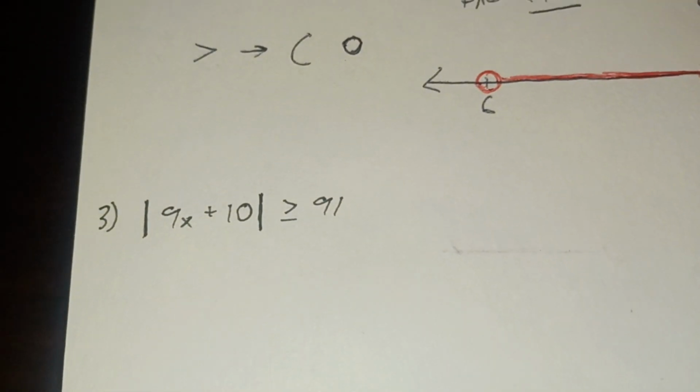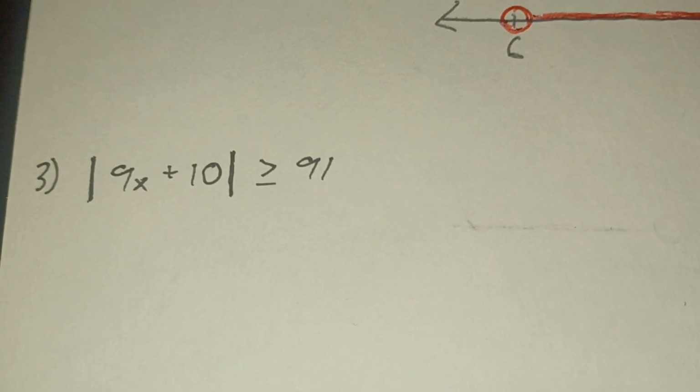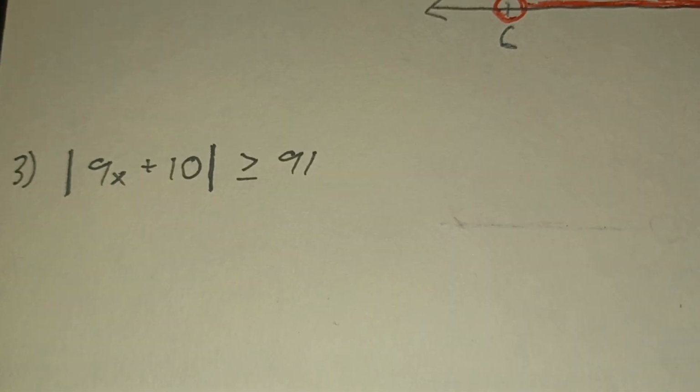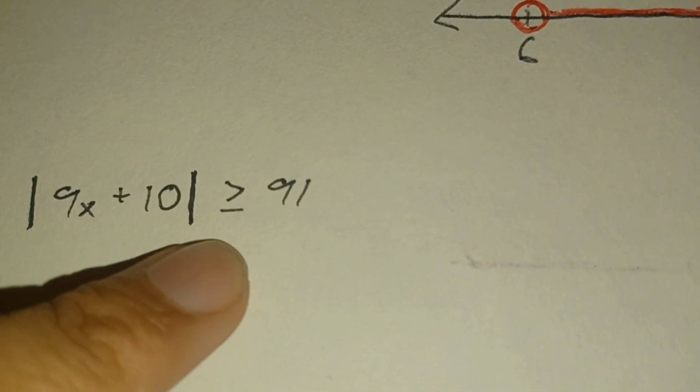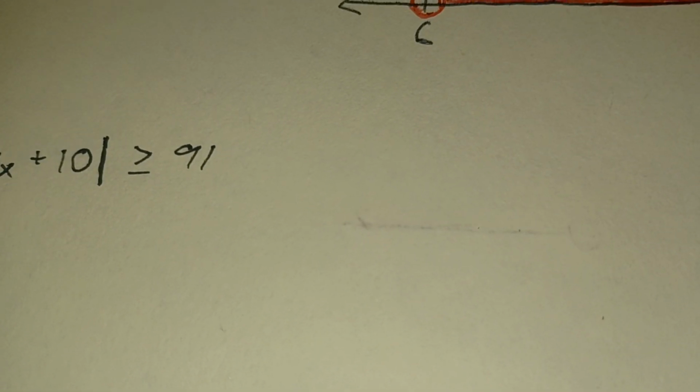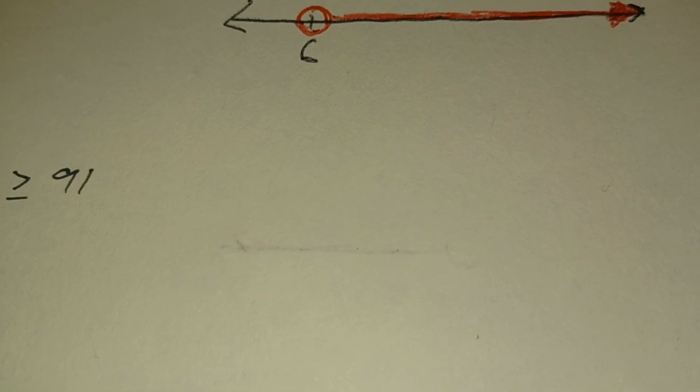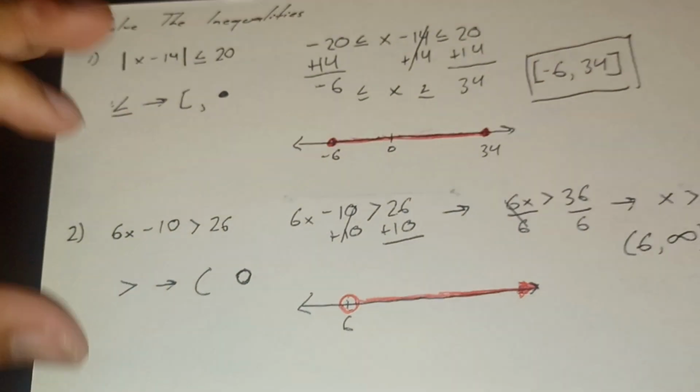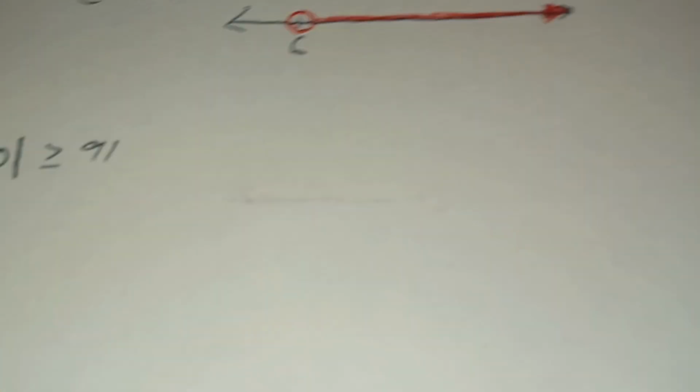So number 3, the absolute value of 9x plus 10 is greater than or equal to 91. Being an absolute value, again, we are going to do what we did with the previous absolute value.